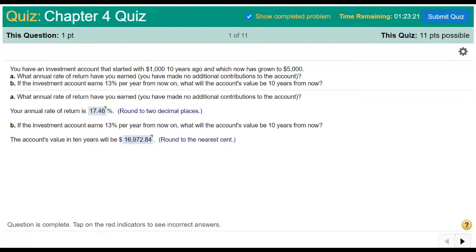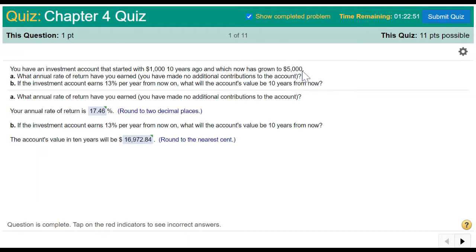Okay, so now the account has grown from 1,000 to 5,000. The investment account earns 13% per year from now on. What will the account value be 10 years from now? They're talking about this number, the account has grown, right?